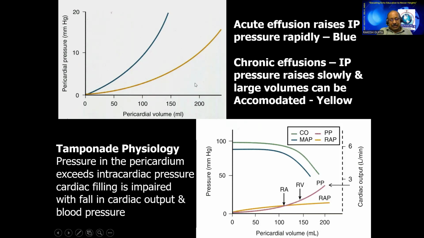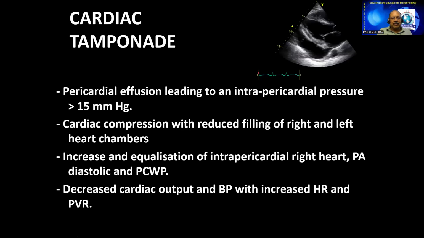If it collects suddenly, the pericardium does not have that acclimatization to adjust to the fluid, and it causes immediate tamponade. And that's what I said. Even if you have 500 ml of fluid, it may not cause tamponade if collected slowly. On the contrary, if you have 100 ml of fluid, it can produce tamponade if it collects quickly.